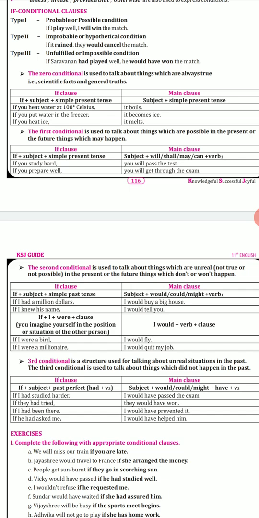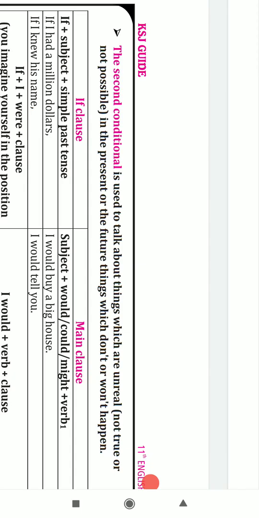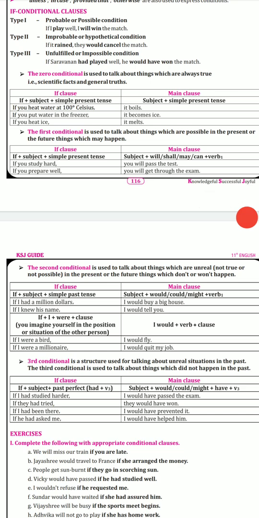And then in the main clause the verb must be a simple future, but that should be in past form.